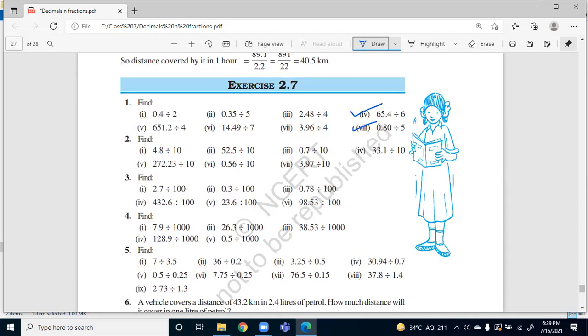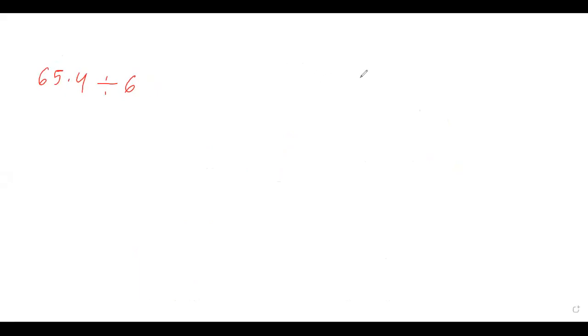So let's start with 65.4 divided by 6. I'm doing it on my board. 65.4 divided by 6. Can you see my whiteboard? So how to do this question?